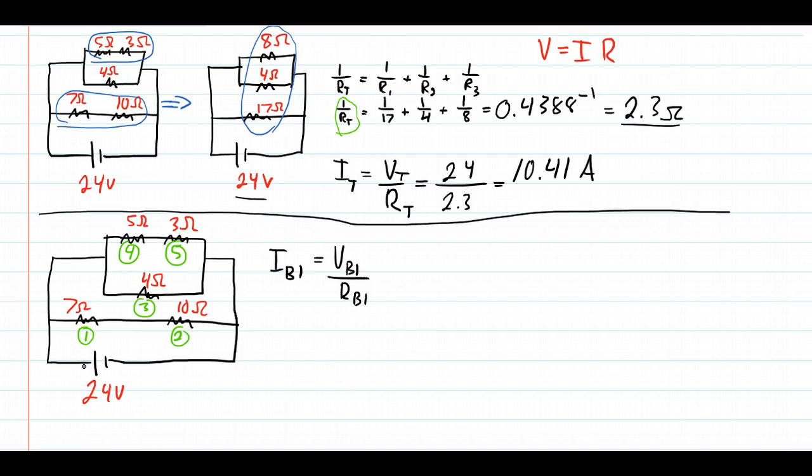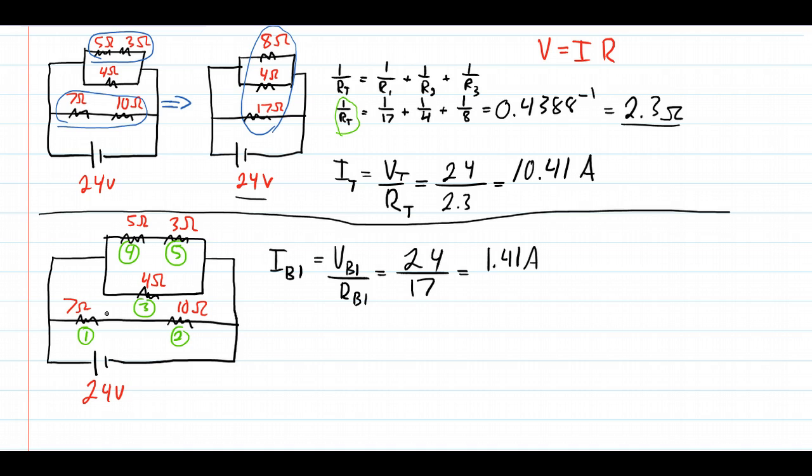So we know since this is a closed loop, the voltage across that branch is going to be equal to the voltage of the battery, which is 24 volts. We also know the total resistance of this branch, since these two resistors are in series, will just equal 10 plus 7, which will be 17 ohms. So if I plug that into my calculator, I get 1.41 amps. So this will be the current that goes across this branch.